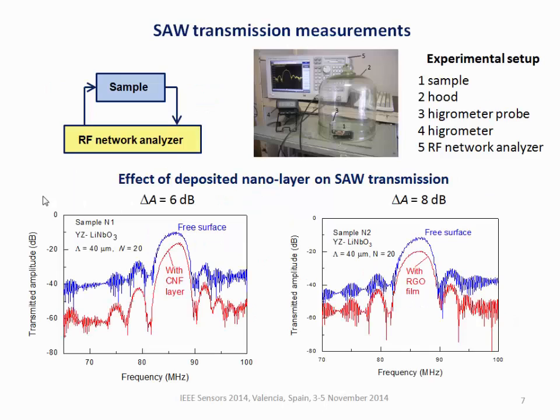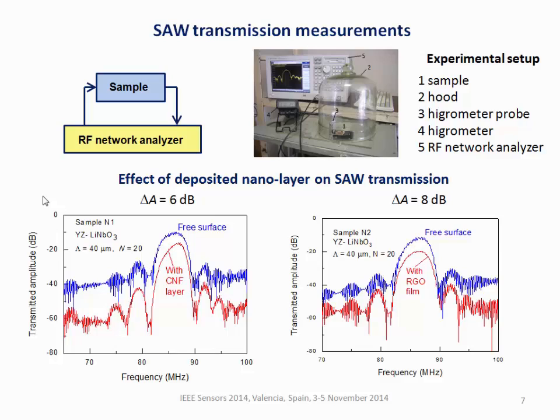The measurements were performed by measuring S parameters of the surface acoustic wave delay line using a radio frequency network analyzer. These S parameters were measured before and after layer deposition. So we see the typical results for both types of material.